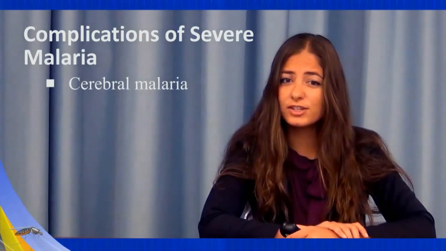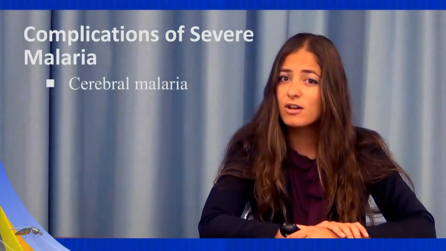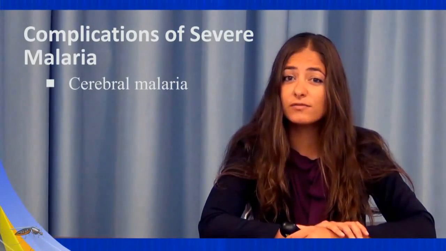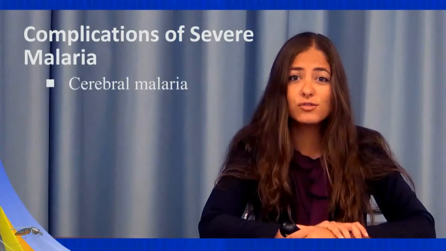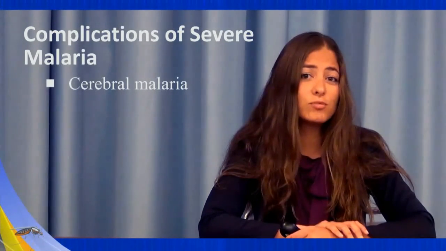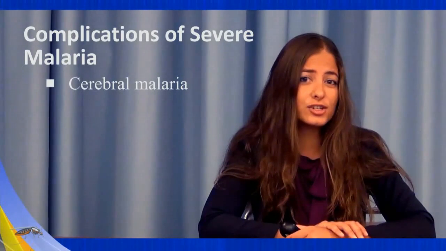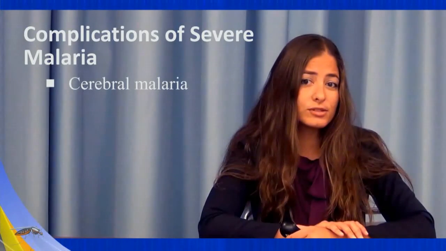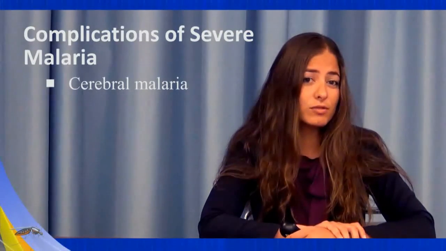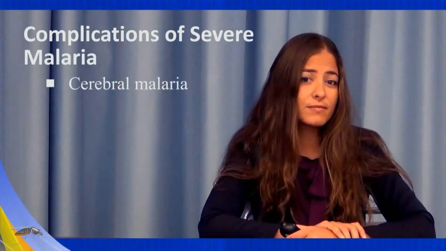The clinical presentation includes increasing headache, restlessness, and generalized convulsions, followed by increasing drowsiness, progressing to stupor and coma. The pathogenesis of this condition is reproduction of the parasites in the brain microvessels, causing obstruction, vessel ruptures, and hemorrhages.